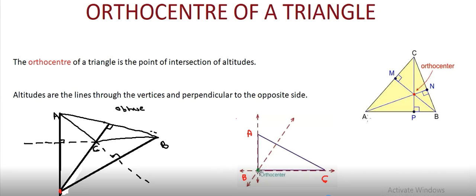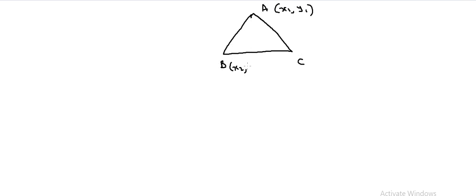If three vertices of the triangle ABC are given, then how can we find the orthocenter of the triangle? Consider triangle ABC. Let A be the point x1, y1, B be the point x2, y2 and C be the point x3, y3.